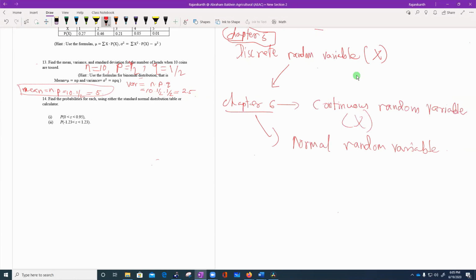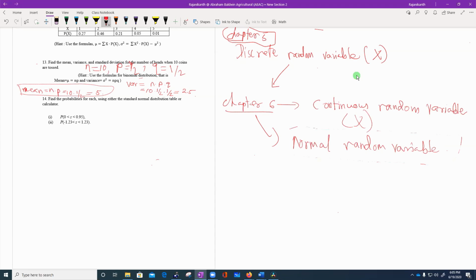Suppose I want to find the score for somebody in decimal places, I could get infinitely many values, right? Therefore, scores, height, weights, those things are considered continuous random variables. Okay. So now we talk about the normal random variable.